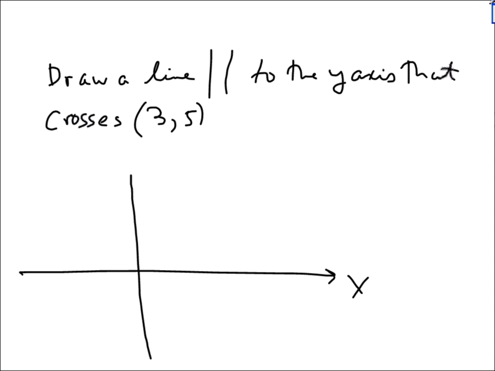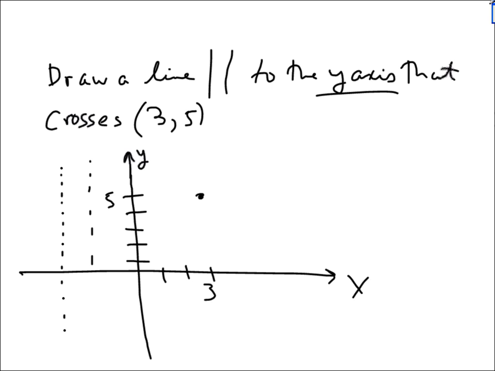Understand that whatever line you draw, it will be parallel to the y-axis. That means it'll be a vertical line. And you know it crosses the point 3, 5. It crosses right here. And remember, lines that are parallel to the y-axis go like this. They go like that. So, there it is. That's the line that's parallel to the y-axis, and it really, really crosses 3, 5.